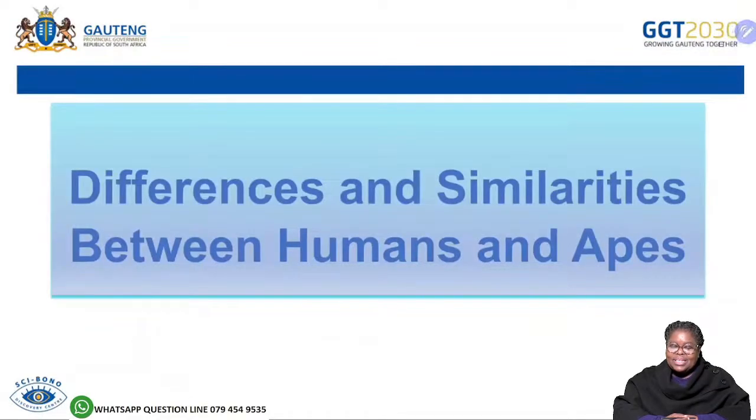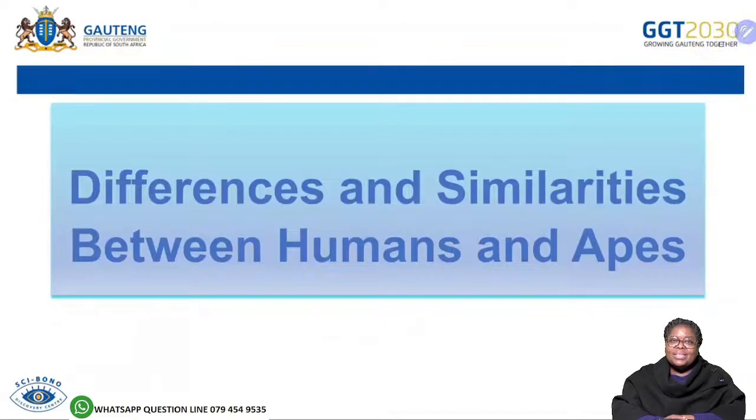Now with these words, I would like to bring you back to our session where we'll be looking at the differences and similarities between humans and apes. Now I want to pose these two questions to you: do you look like an ape? Do you look like other primates? We talk about the gorilla, the chimpanzee.